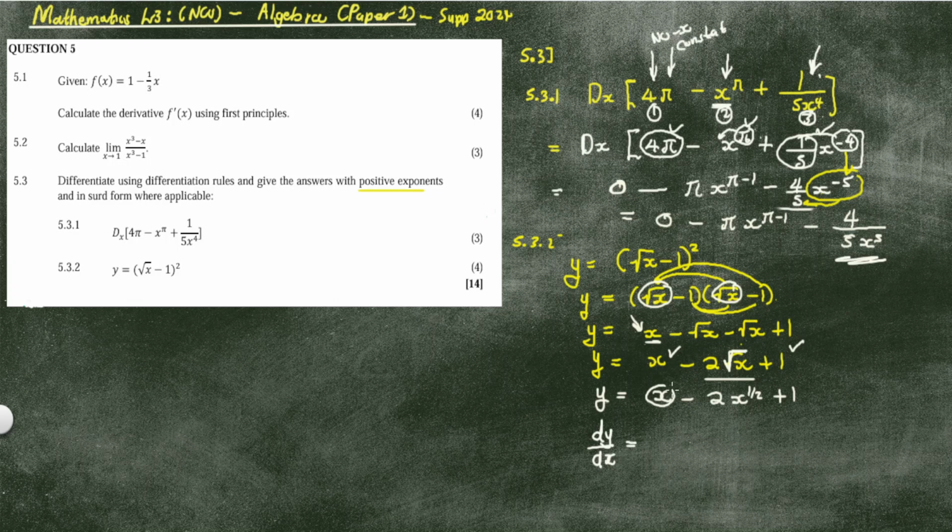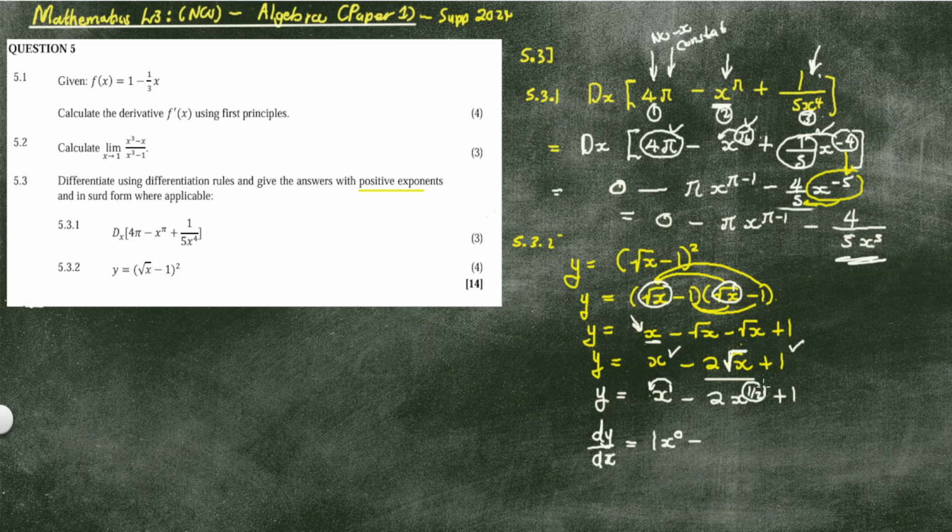The derivative of this: exponent 1 times the coefficient 1, 1 times 1, that's 1, x to 1 minus 1, which gives me 0.